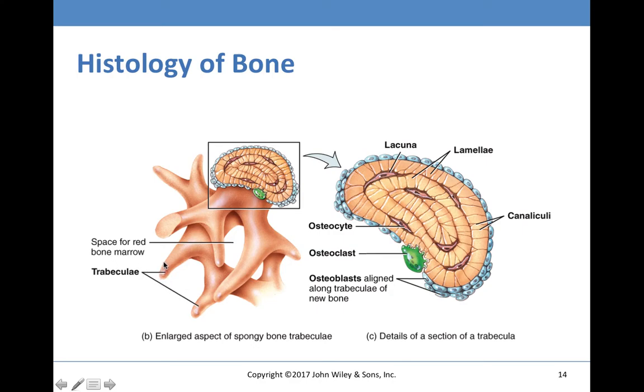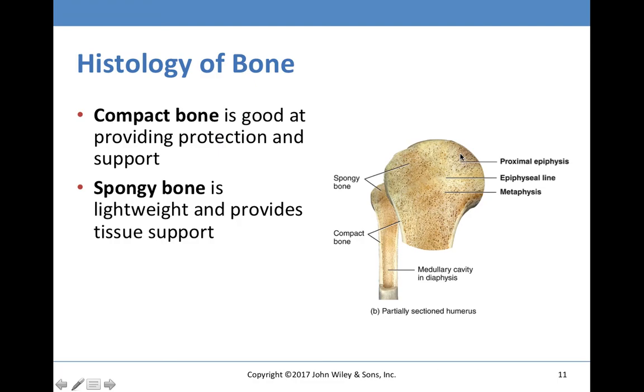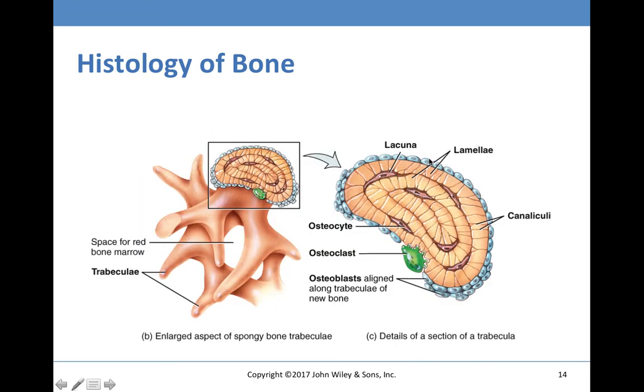These trabeculae will surround the space that has the red bone marrow in it, and so it forms the innermost structure of mainly our short, flat, and irregular shaped bones, and it also forms the epiphyses of the long bones, as we were demonstrating here in this picture. Now, this spongy bone tissue is going to be light, and it will provide these open spaces between the trabeculae for the red bone marrow to be there.